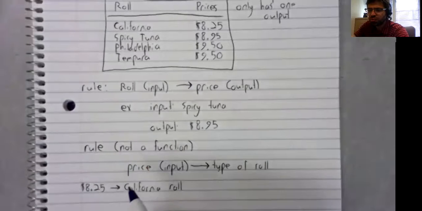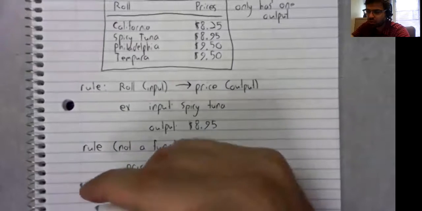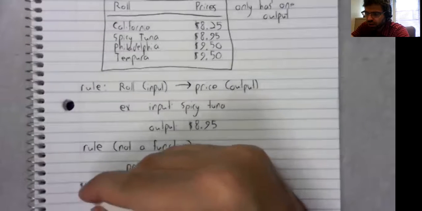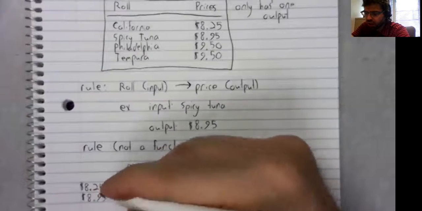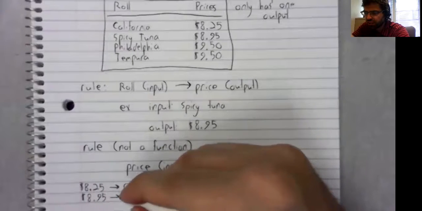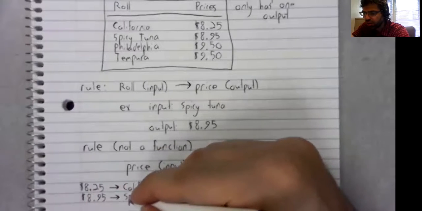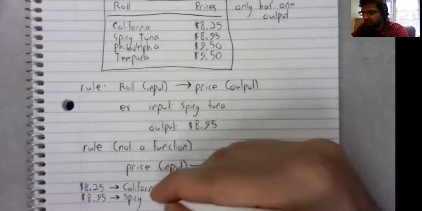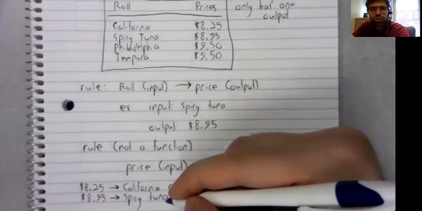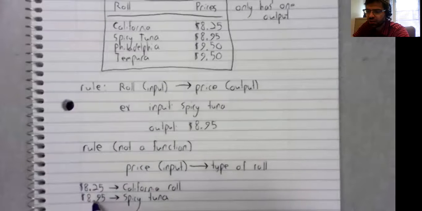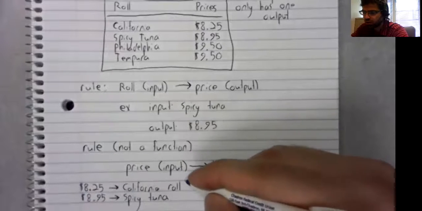So this input gives this output. And if you paid $8.95, you must have ordered the spicy tuna. Again, this input gives this output.